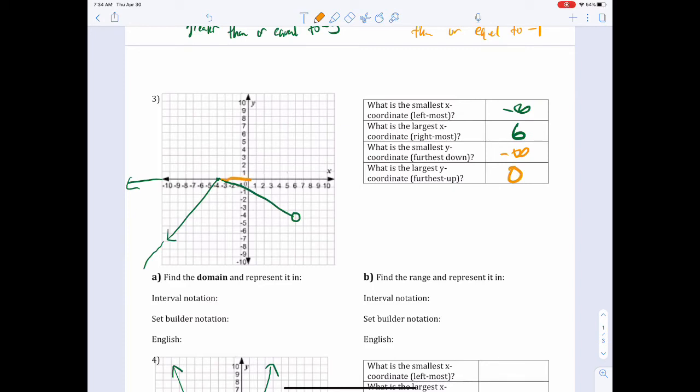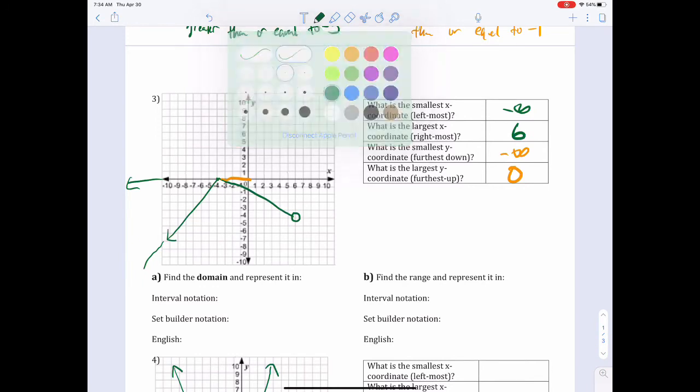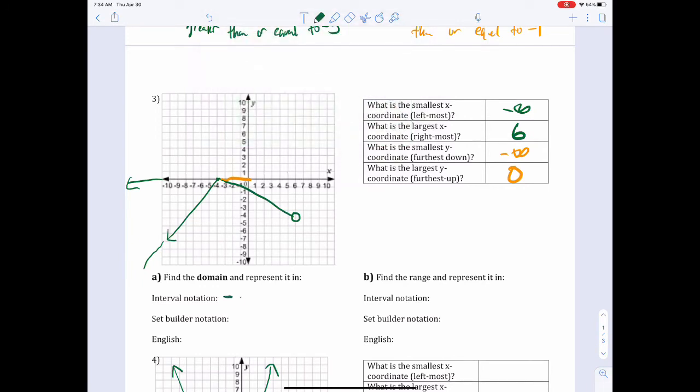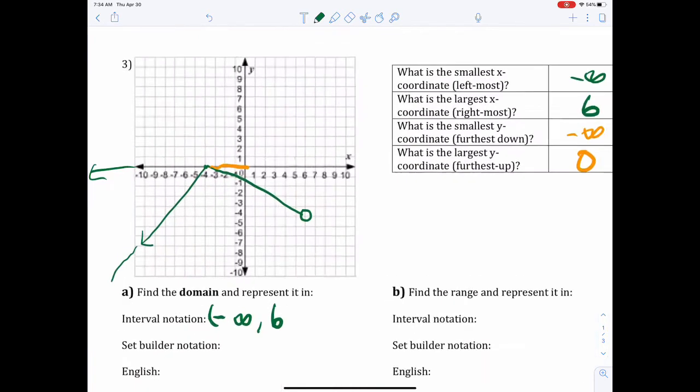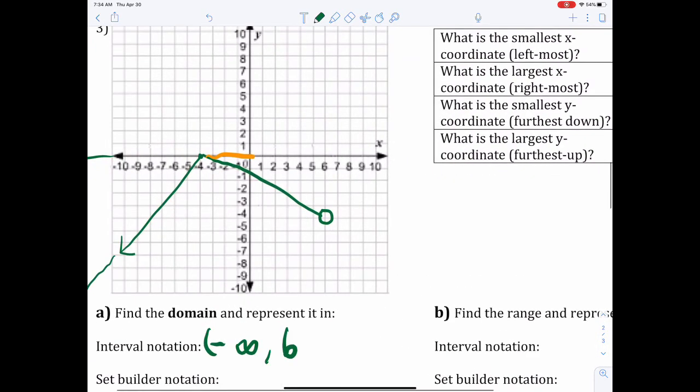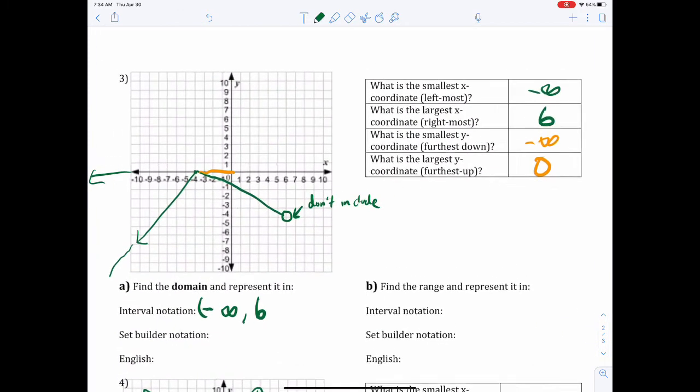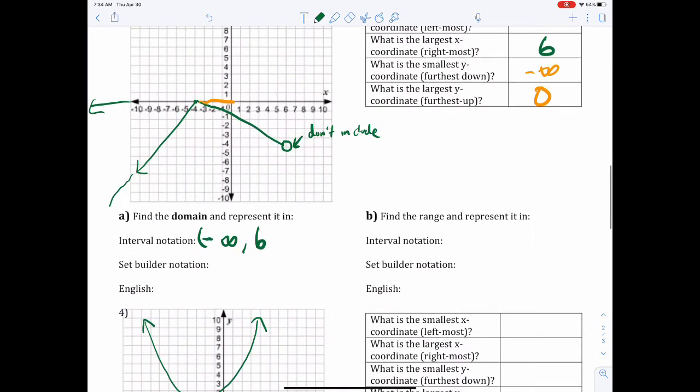So in interval notation, the domain is going to be -infinity, open parentheses, to 6. Now with 6, if you look, there's an open circle. If you guys remember open circles from our inequalities unit, that means we don't include that point. It's not really there. So it's -infinity to 6, open parentheses.